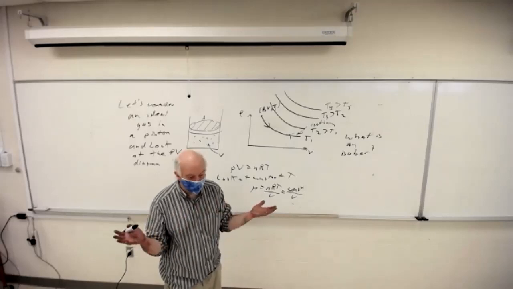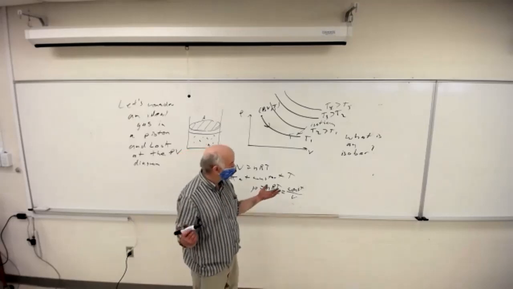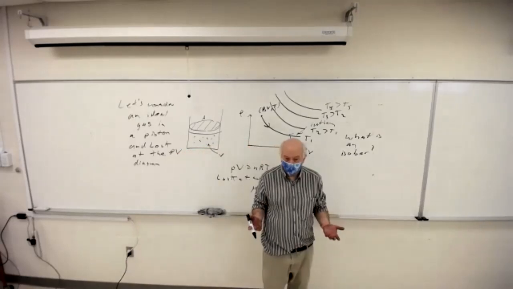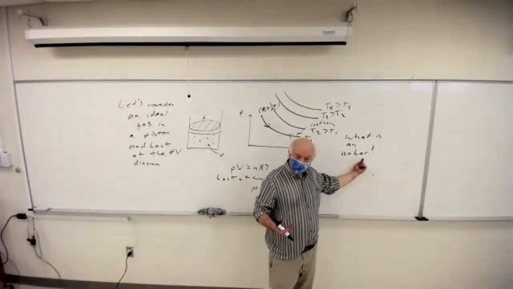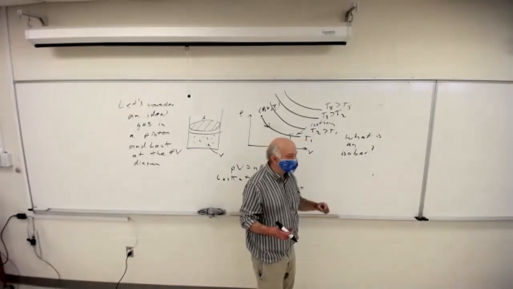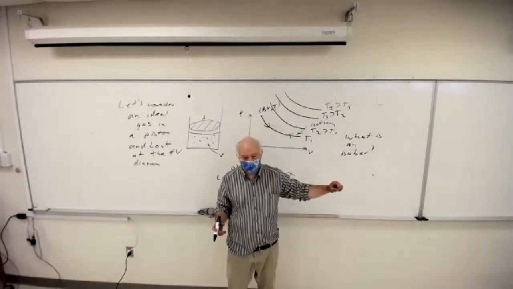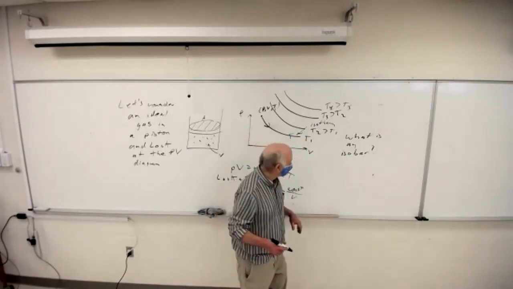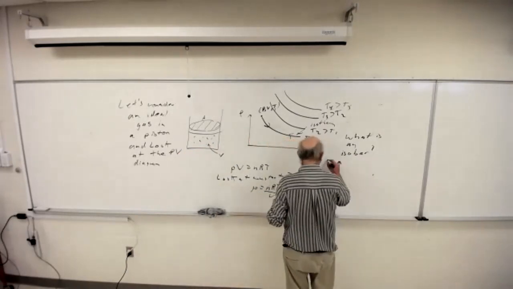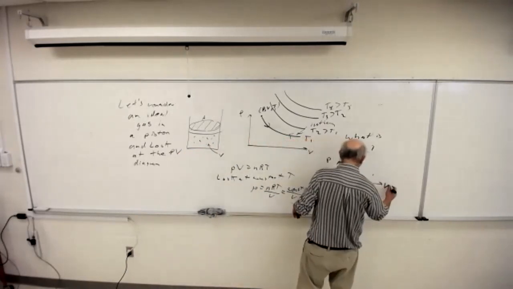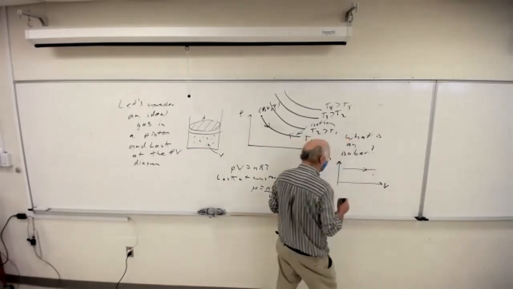Pressure. Think about when you listen to a meteorologist, they talk about barometric pressure. Get the word bar in there. So what do you think an isopressure process is going to look like? That's going to be a straight line. So an isobar is going to be this. That would be an isobar.